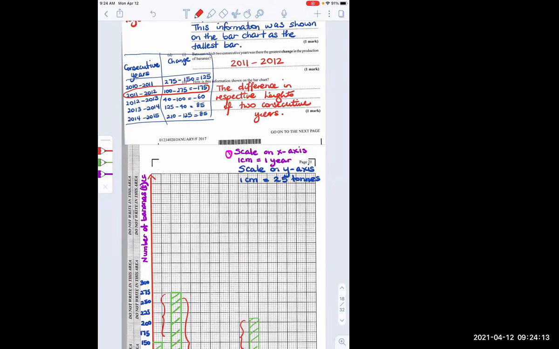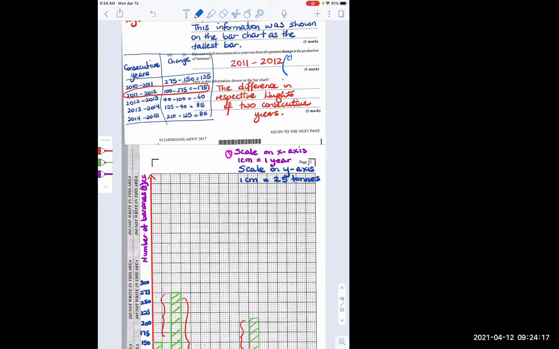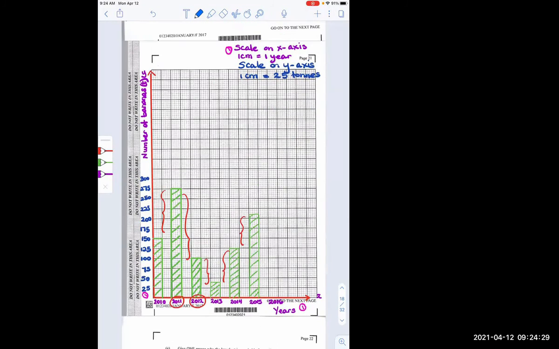And I want you to take note here and write that the change can be positive or negative. That is why we could use the negative value here. It means that there was a decrease in the production of bananas, but it was still the greatest decrease, right?